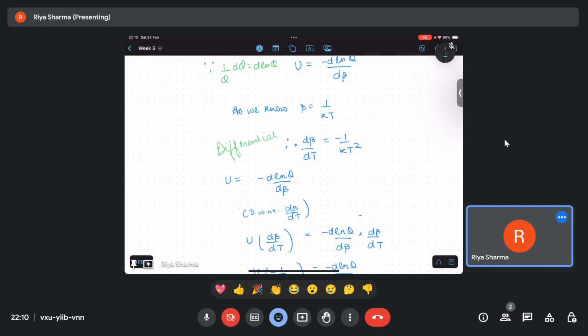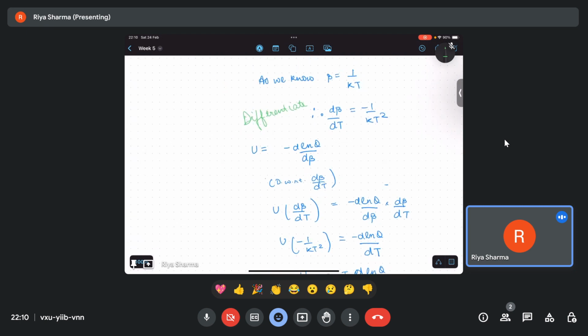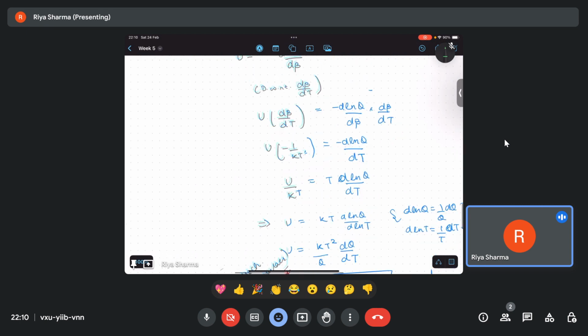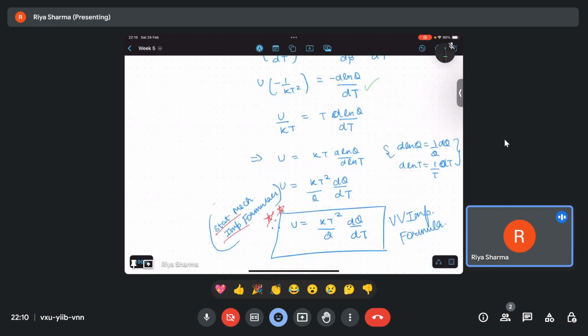Okay, so when we did that, U equals minus dQ by d beta, and then the same differentiation, and we got finally minus d ln Q by dT. So dT is cancelling out and we got d ln T by T, and we just wrote it by taking these two approximations.